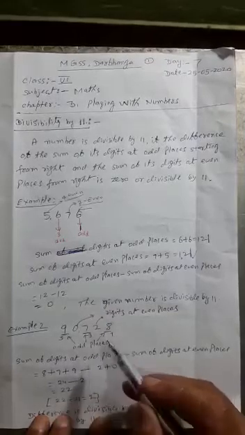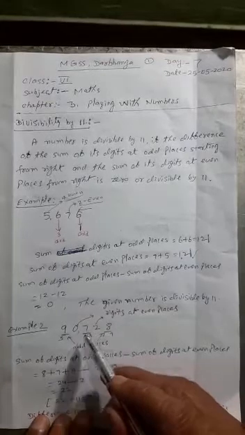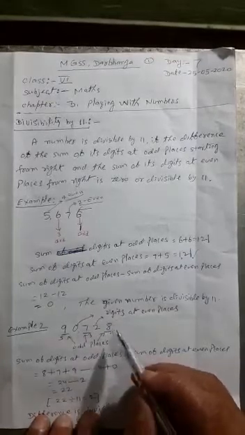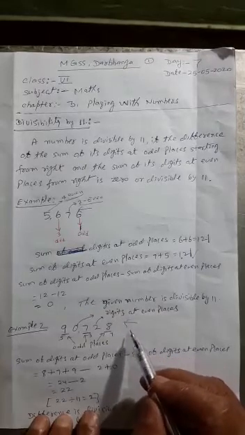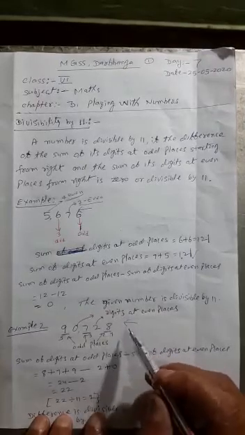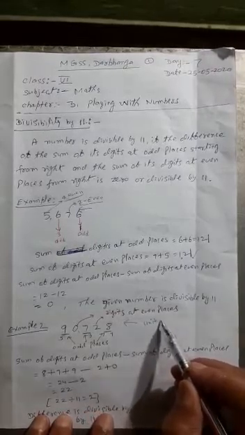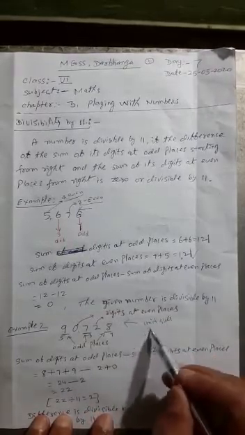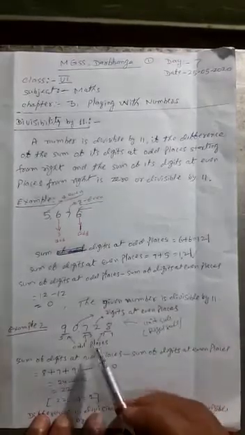First we have to see which digits are at the odd places and which digits are at the even places, and always the odd and even places are counted from the right side. It means always from the unit side.